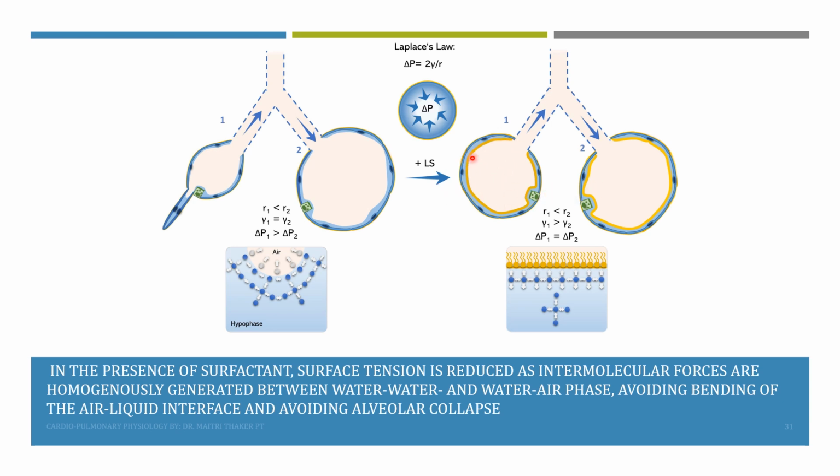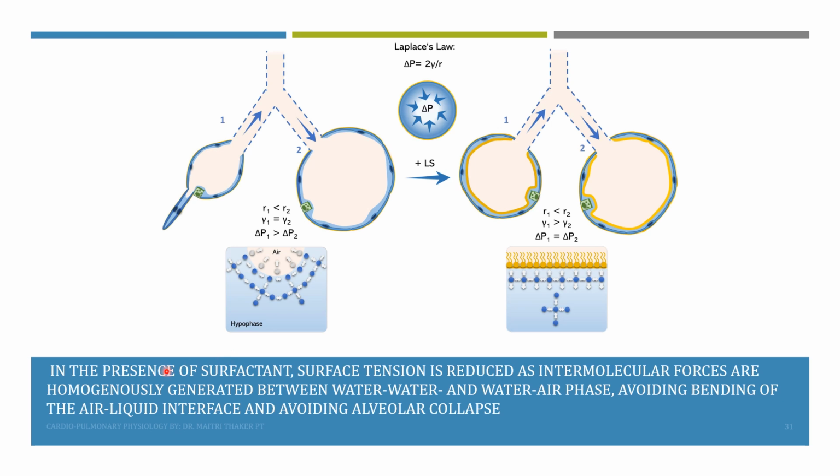Because of this surfactant, it doesn't allow our small alveoli to collapse. Why? Because it prevents the pressure reduction in the smaller alveoli, so that the pressure between both alveoli becomes equal. Here you can see delta P1, the pressure in this alveolus, and delta P2 are equal. So there will be no air exchange between the two.